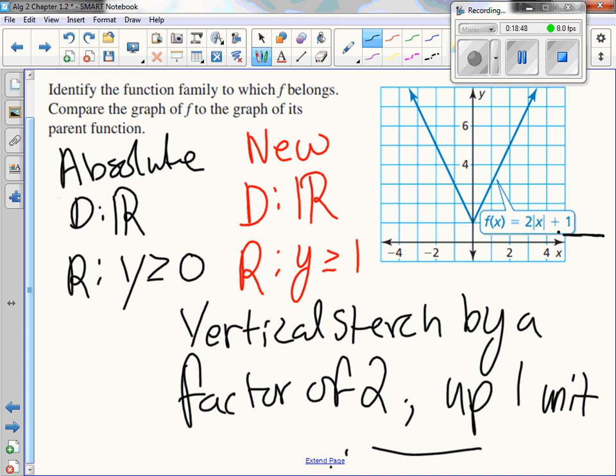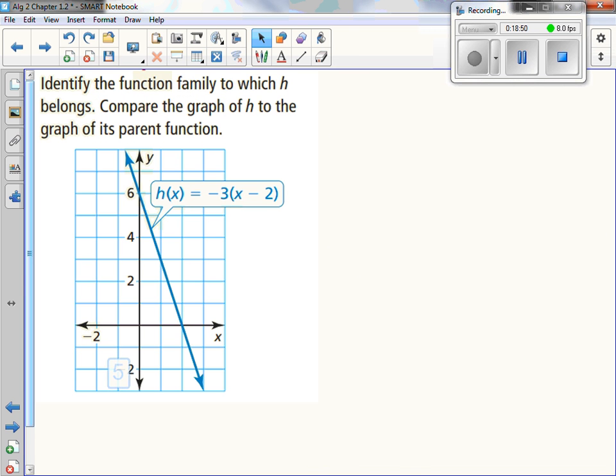Put that down. Here we go. We're going to do another one here. So this one here, what is its parent function? It's linear, isn't it? Linear.